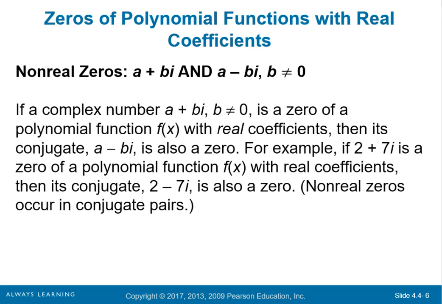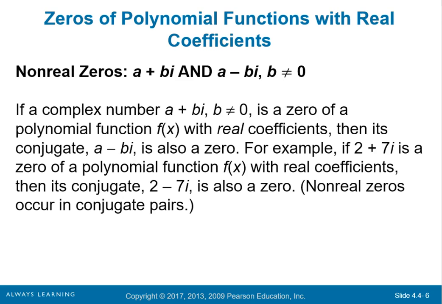So if you have a complex number where b, in the bi, the imaginary part, is not 0, you have to have its conjugate. There's no option in that. You must have its conjugate. So if you have a minus bi, then you have to have the a plus bi.